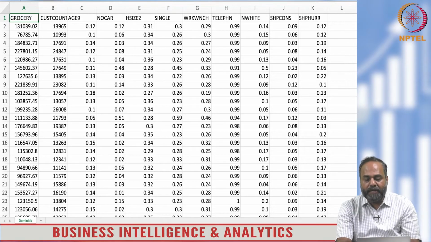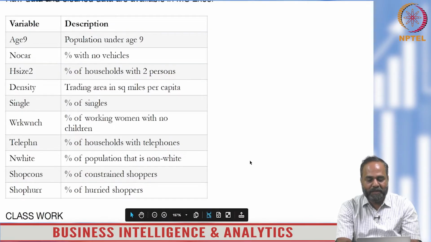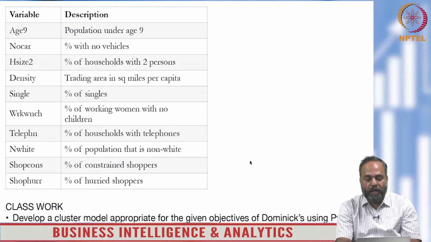And what are these characteristics of customers? Constrained shoppers and hurried shoppers. Have you heard about this? In marketing, these are important characteristics to understand customer behavior, or consumer behavior. It is percentage, it's not about one customer, it's about the store level data. So, percentage of constrained shoppers.